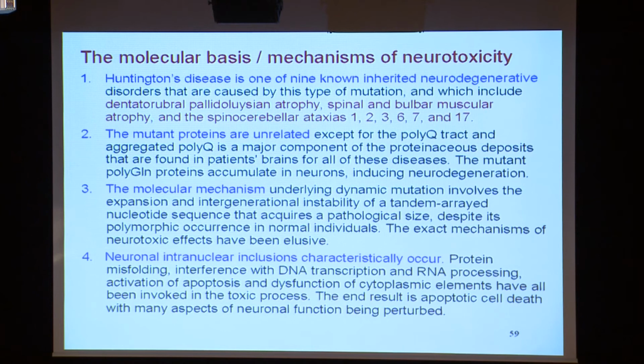And normally, for these diseases, you have intranuclear inclusions, and the protein misfolds, interfering with DNA transcription and RNA processing. It can cause activation of apoptosis, and dysfunctional cytoplasmic elements have all been involved in the process. The end result is apoptotic cell death, with many aspects of neuronal function being disturbed in these rather devastating diseases.